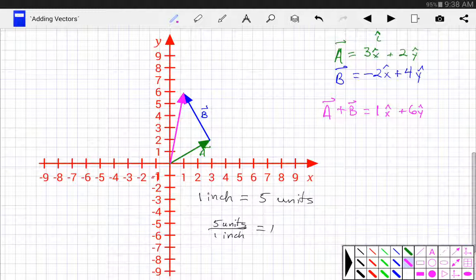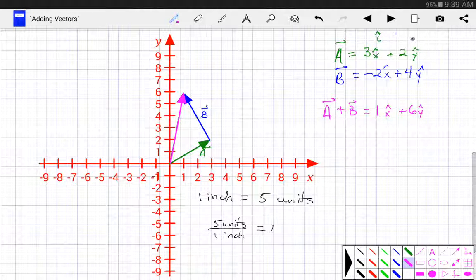Now I could have also done this instead of showing it graphically and measuring carefully. I could have done it algebraically to get the same result. Notice I have these lined up above each other. If I add them, then in the x direction, I have 3 minus 2. 3 minus 2 is 1. In the y direction, I have 2 plus 4. 2 plus 4 is 6.